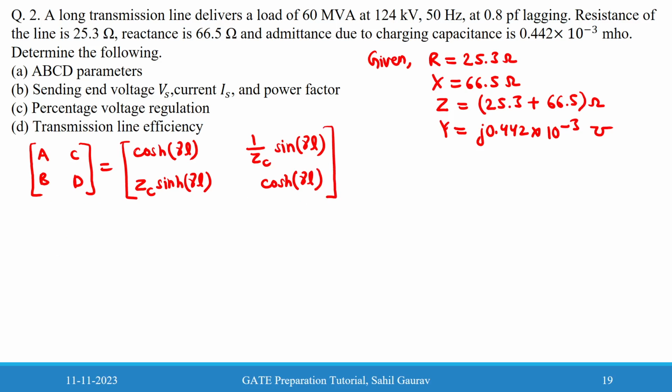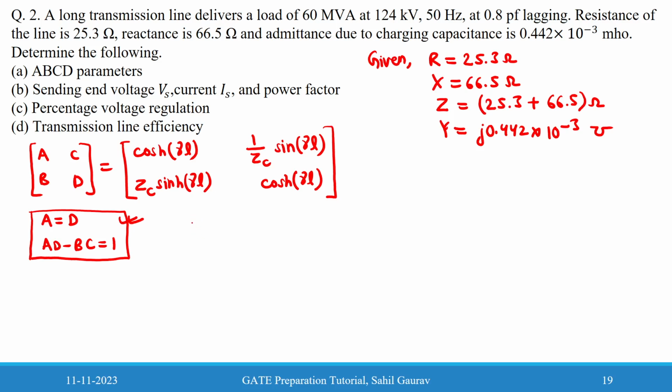If you are writing these ABCD parameters and suppose you have written something wrong, then you can verify using this statement: A is equal to D and AD minus BC is equal to 1. These criteria should be satisfied. So if this is satisfied, then you have written these ABCD parameters correctly. So keep it in mind. In hyperbolic functions cosh squared minus sinh squared is equal to 1, so that will also satisfy this.